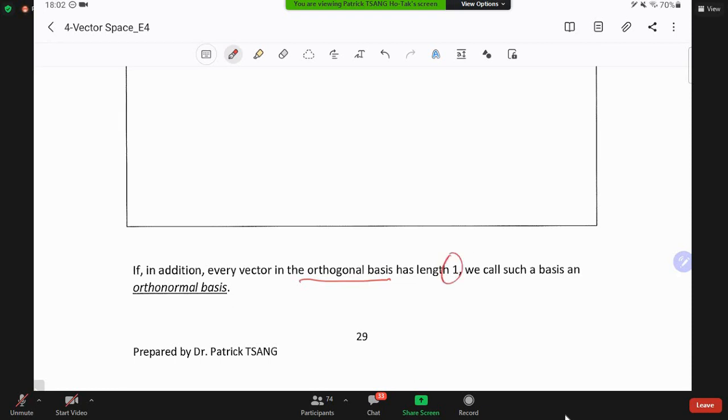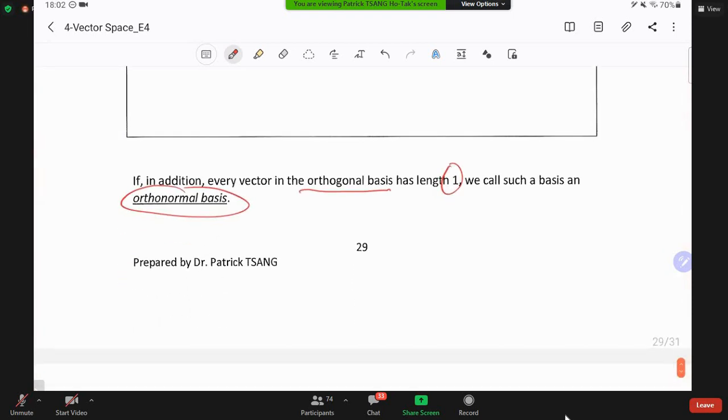We will call this orthogonal basis an orthonormal basis. This condition only happens when all of the vectors have length equal to one. If this is the case, we call the basis an orthonormal basis.